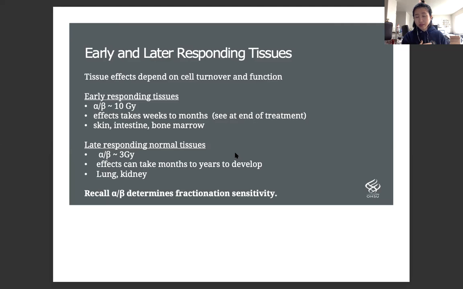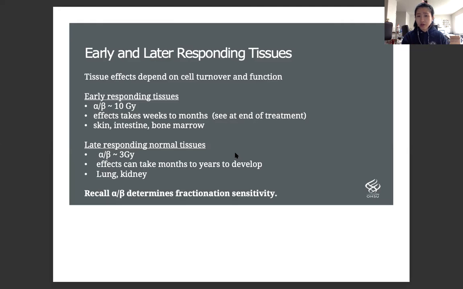You can often see redness and rash. Some of them have a dry rash, which we call dry desquamation in radiation therapy. Dry desquamation is okay, but when it gets into moist desquamation, you're going to see clearly that the breast tissue has become moist and wet, and it's really hard when they get into that stage of desquamation.